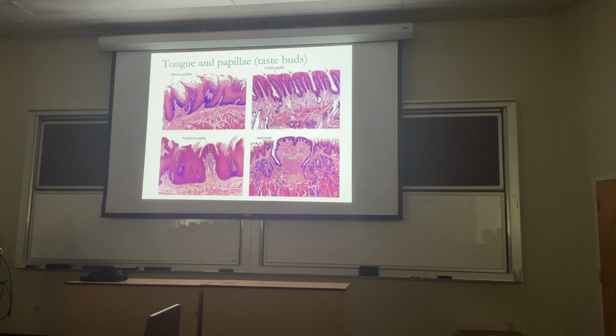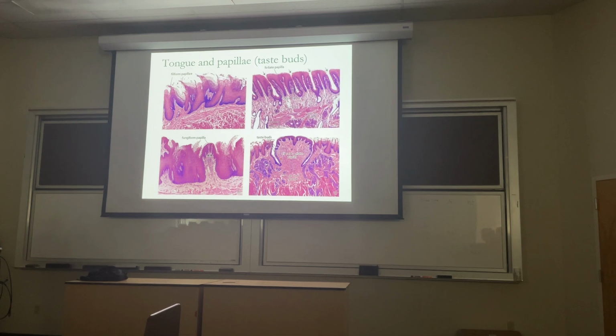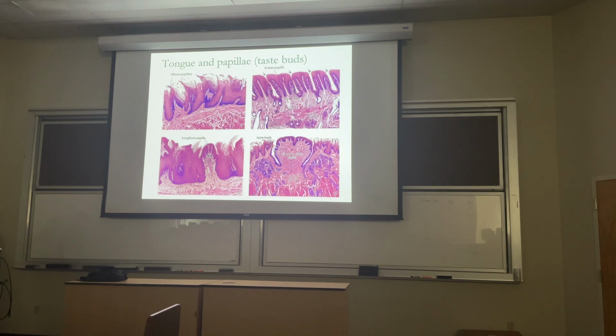And then the largest of all are the circumvallate papillae. Sometimes they just call them vallate papillae, circumvallate or vallate. You have a little moat that comes like a castle moat on each side of your circumvallate papillae. And you have some very prominent taste buds on the lateral edges of the circumvallate papillae.